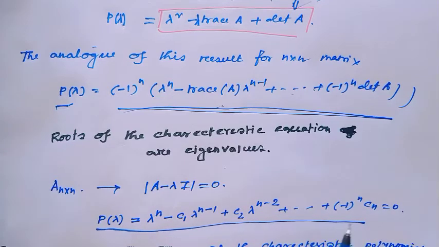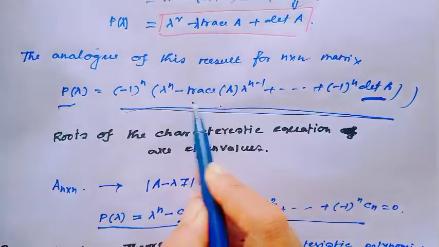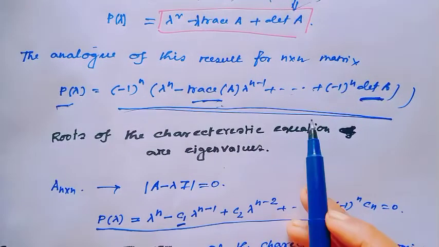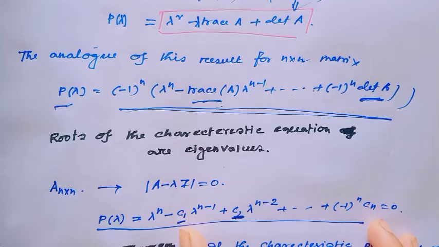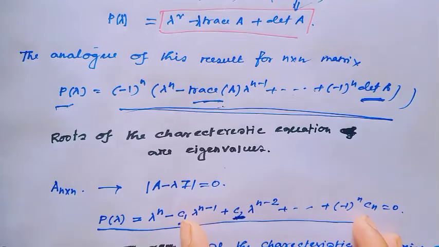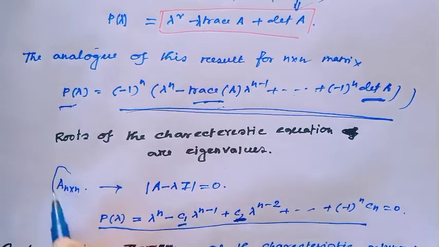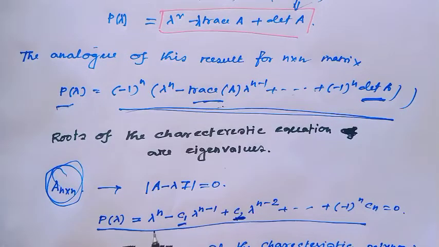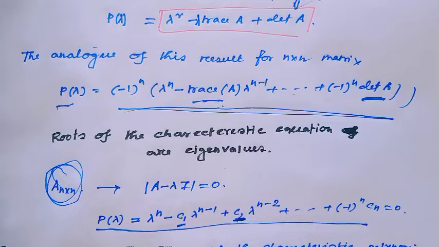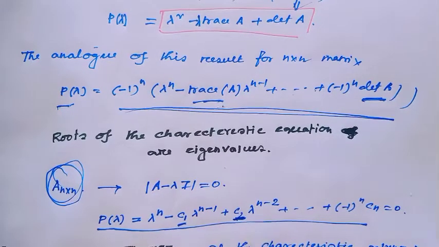Where Cn equal to determinant of A, C1 equal to trace of A. Are you getting this? Actually the idea of the characteristic polynomial. And the degree of this characteristic polynomial depends on the matrix. Since here A is an n cross n matrix, the degree of characteristic polynomial always would be n. Are you getting? And roots of this characteristic equation are called eigenvalues.